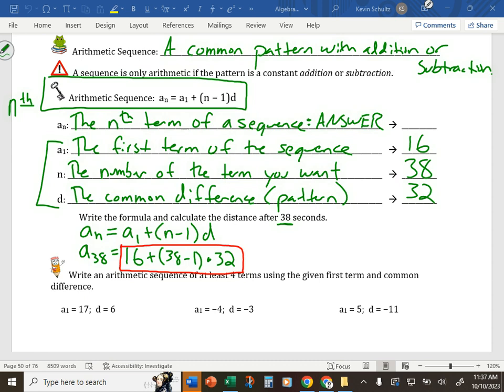Did you get it? Anyone not get 1200? No, I got it. You got it? Yeah. Okay?